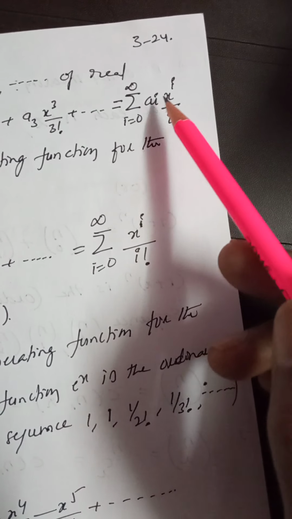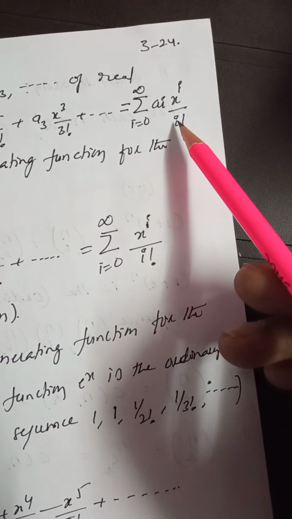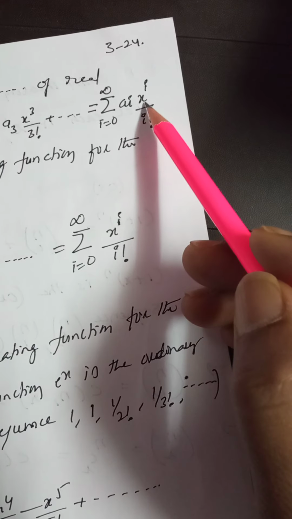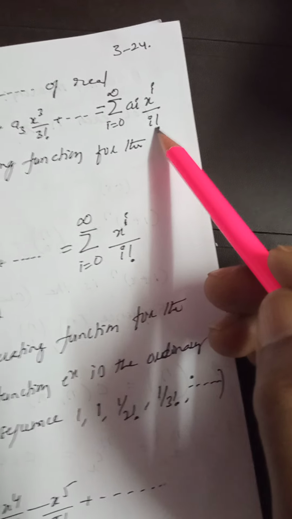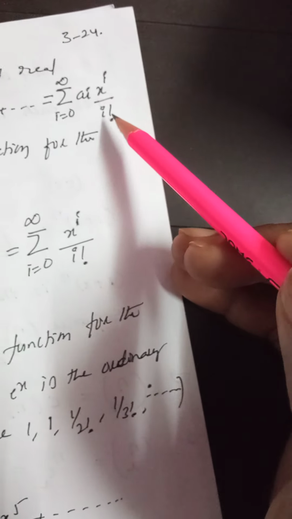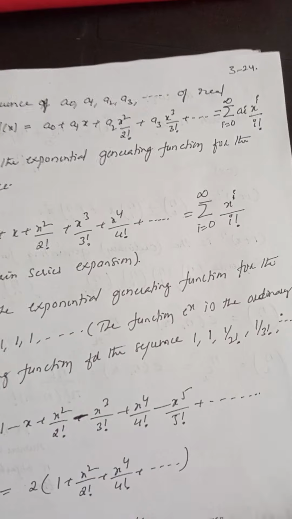If you put i is equal to 0, a0 into x to the power of 0 by 0 factorial, that means a0 you will get. If you put i is equal to 1, a1 into x to the power of 1 by 1 factorial, second term. If you substitute i is equal to 2, a2 into x square by 2 factorial, third term, and so on. This is called the exponential generating function for the given sequence.